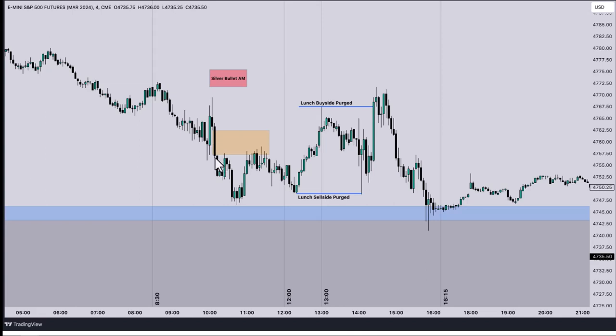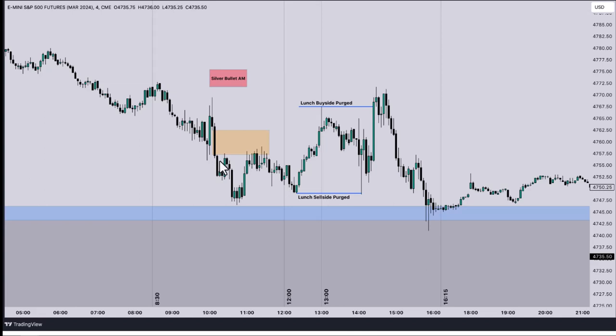Now, there is a fair value gap down here. This low and this high creates a fair value gap. But the way ICT puts it is, if you put a fib retracement on this leg, from swing high to swing low, equilibrium is not this.